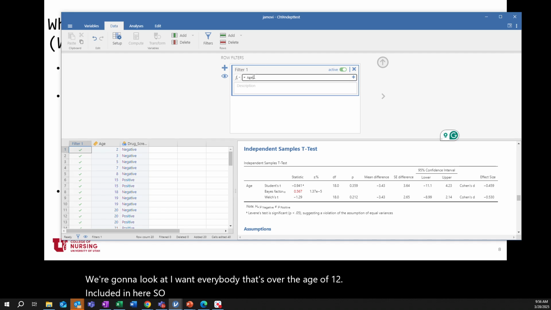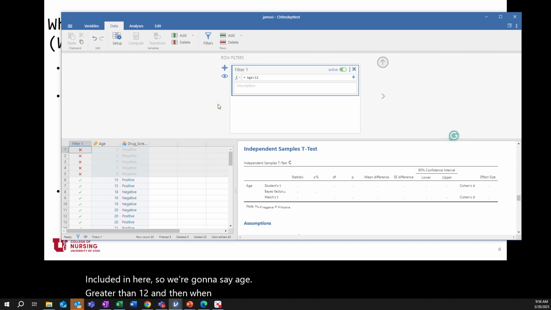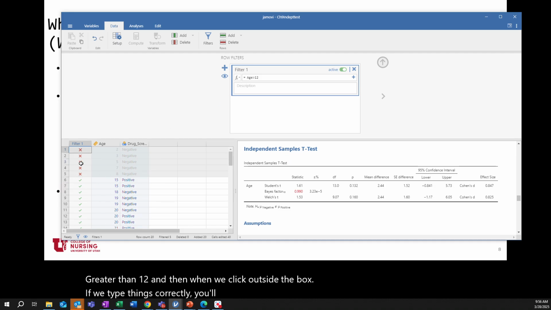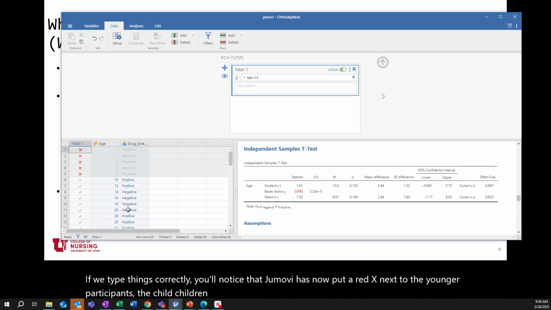So we're going to say age greater than 12. And when we click outside the box, if we type things correctly, you'll notice that Jamovi has now put a red X next to the younger participants, the children, and a green check mark to all the others.